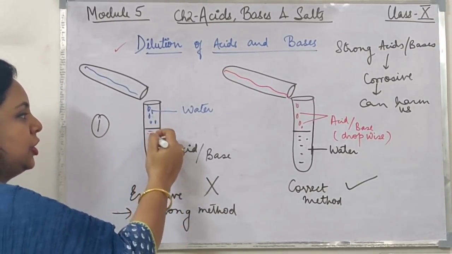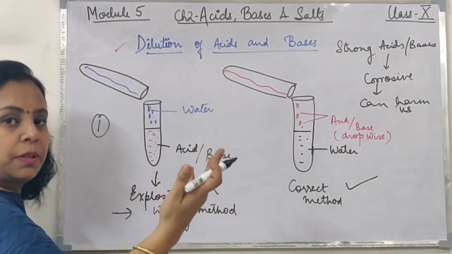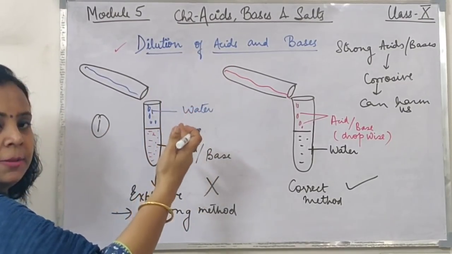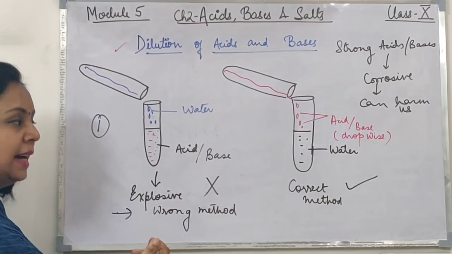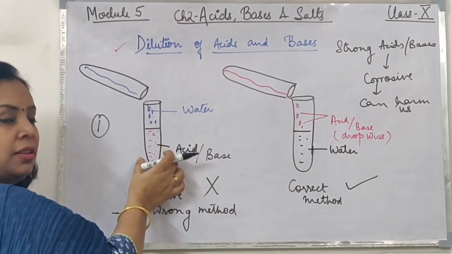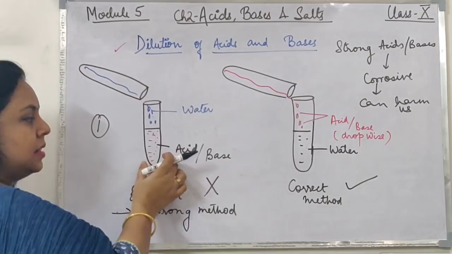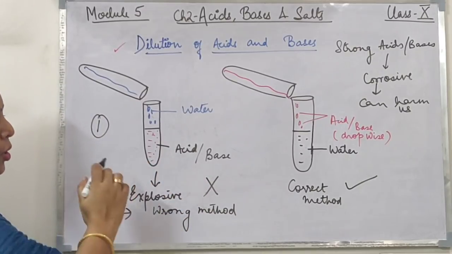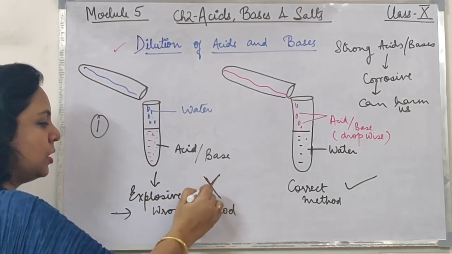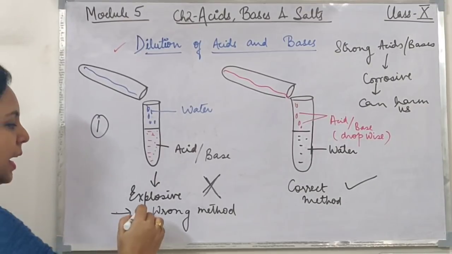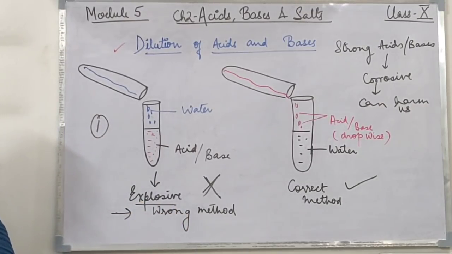Because of this the acid can cause spurting and it can come on the face of the person who is handling it, or in some cases the test tube can burst also. So this is not the correct method, as it can be explosive also.